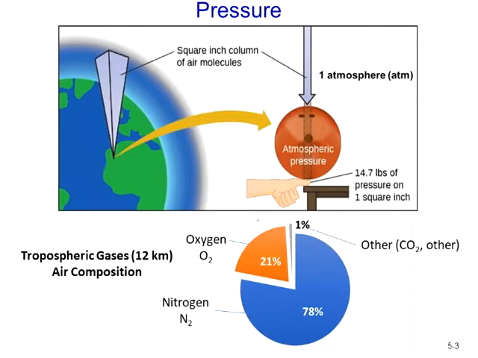Okay? And if we could imagine taking a square inch column of air molecules, that would be the pressure exerted against it. And that would be 14.7 pounds of pressure if we rated it in square inches.